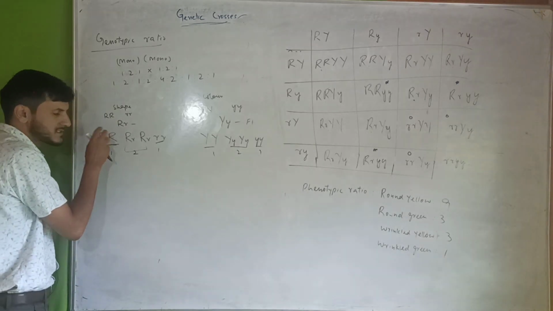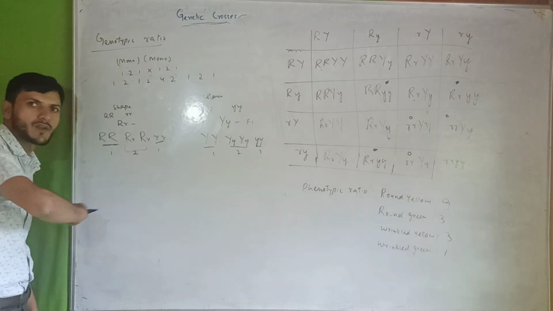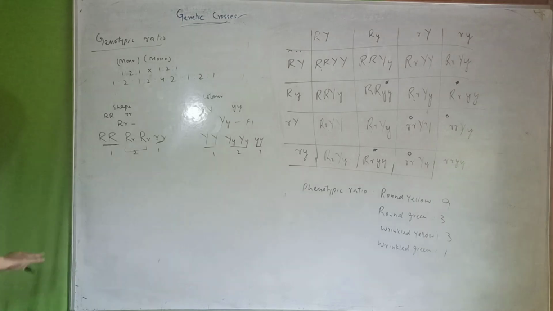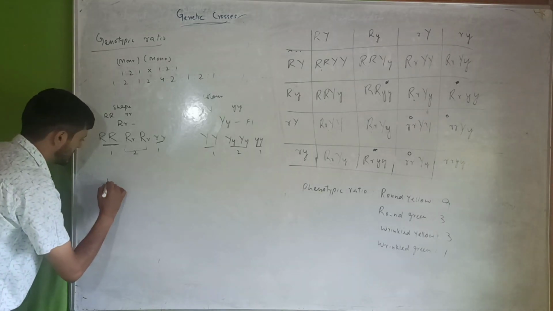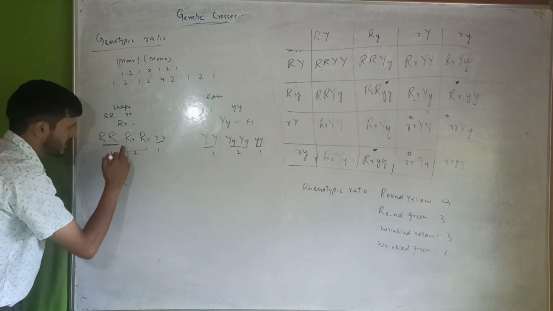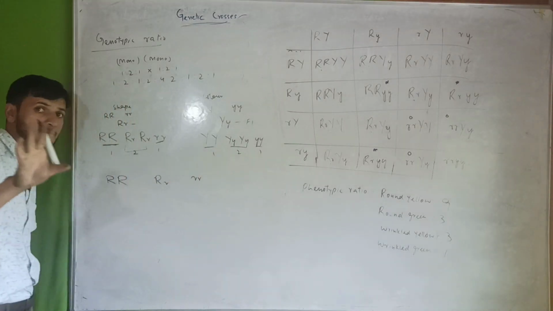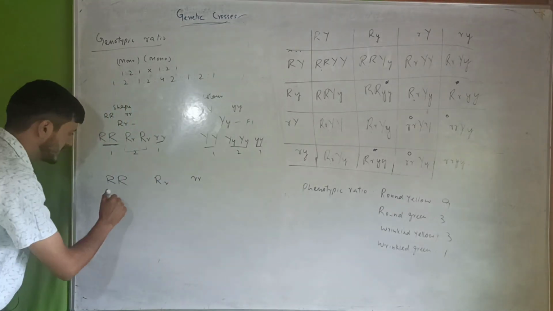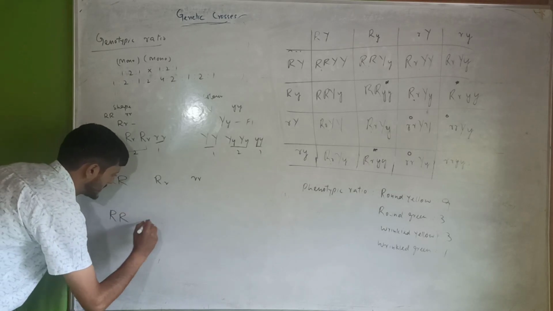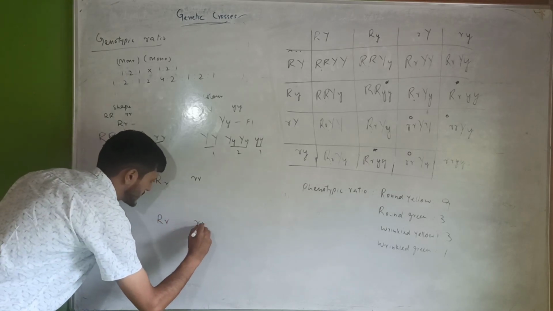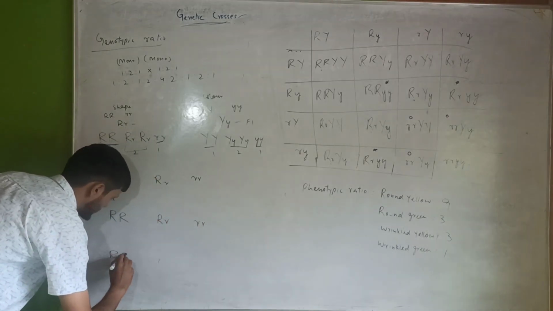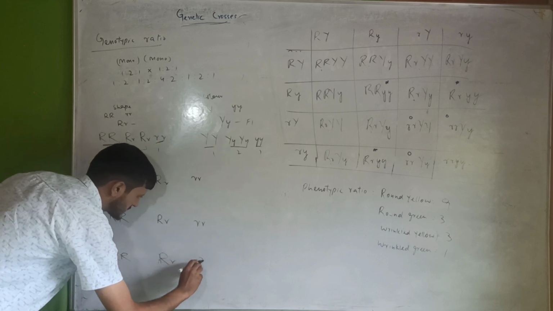Suppose we take shape horizontally on the x-axis: capital R, capital R, small r, small r, three times.